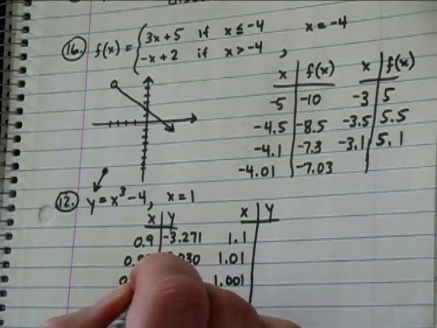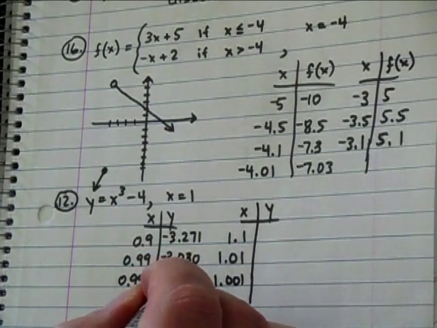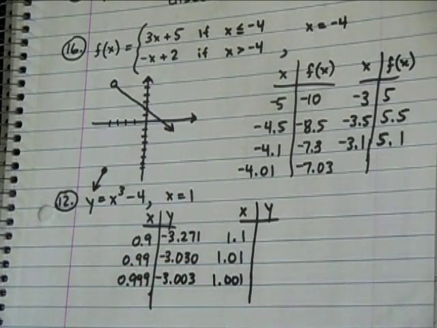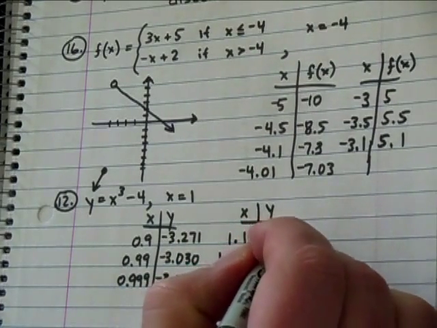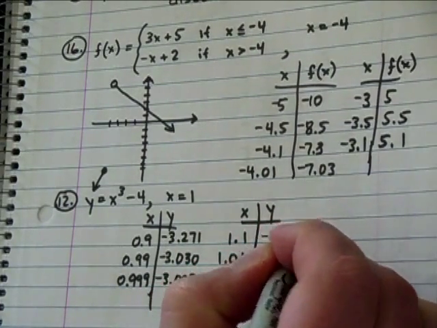And here we get negative 3.003. So it looks like these values are approaching negative 3. Let's see what happens on this side. If I take 1.1 raised to the third power and then subtract 4, I get negative 2.669.